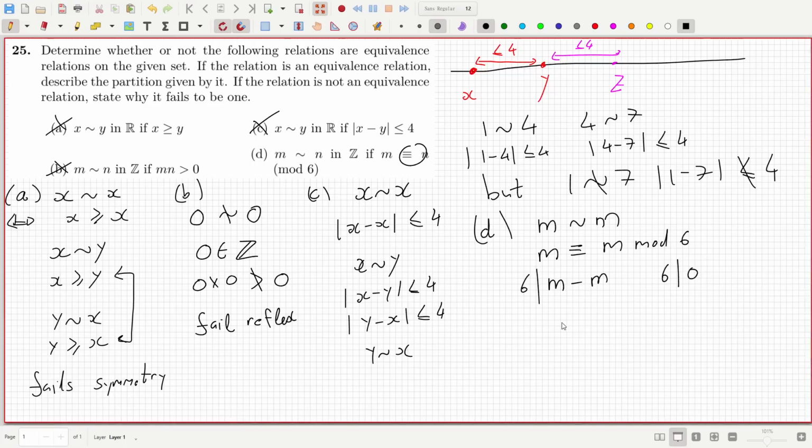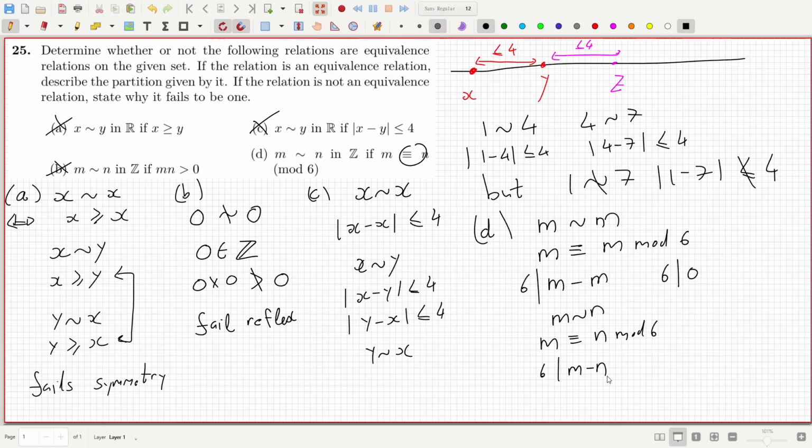Now, what about m and n? That means m is congruent to n mod 6, so that means 6 divides into m minus n.